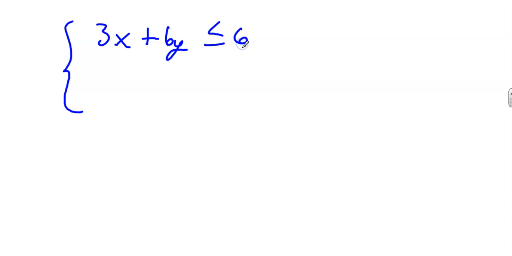Okay, so let's put it to a system here. So go 3x plus 6y less than or equal to 6, and 2x plus y less than 8.